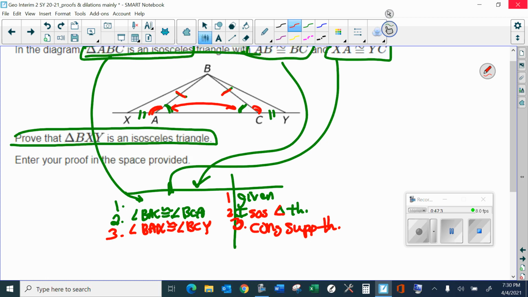So congruent supplements theorem. Okay, now I can say that triangle BXA is congruent to triangle BYC. Remember, I have to put it in corresponding order. So I go BXA, I have to go BYC. Always make sure you put it in corresponding order. By SAS.